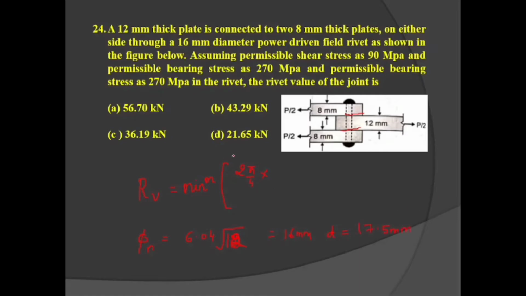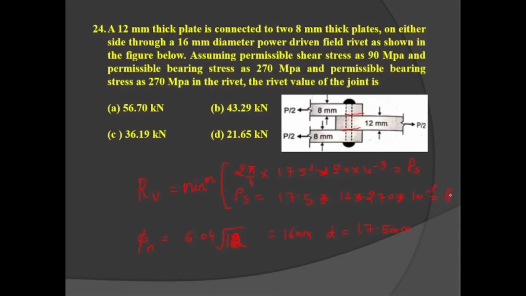So 2 times pi by 4 d square, with 17.5 square, and the permissible values are given as 90 and 270 megapascal. So 90 into 10 to the power minus 3, that is the PS value, shear strength of a single rivet. Now the PB value, projected area d times T minimum, 17.5 into 12, into 270 into 10 to the power minus 3.